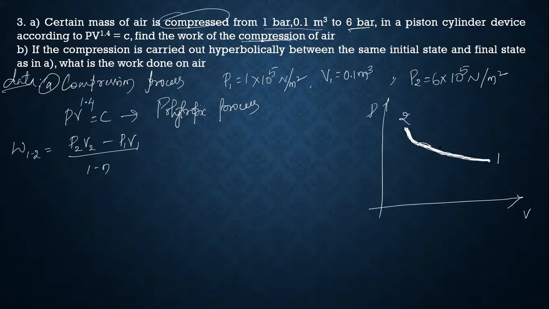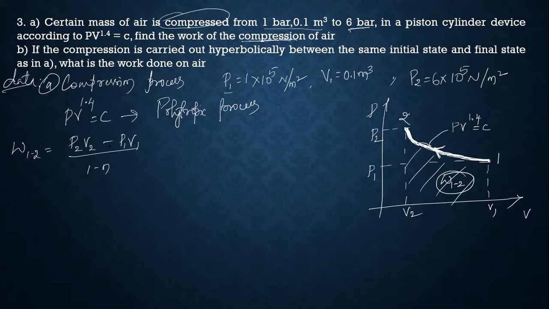Therefore, this will be state 1 and state 2 following a path. And the governing law is PV to the power of 1.4 is equal to constant. Corresponding volume is V2 and this volume is V1. Area below the curve is work done W1 to 2. Corresponding pressure is P2 and this pressure is P1.